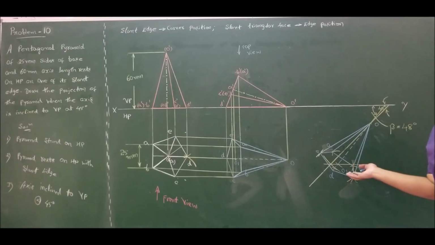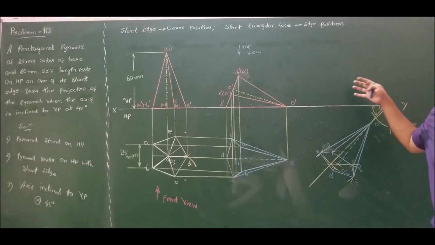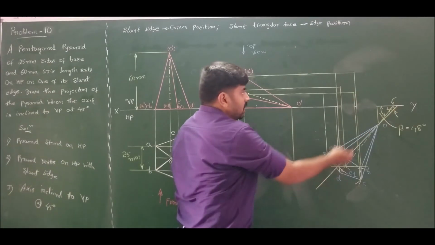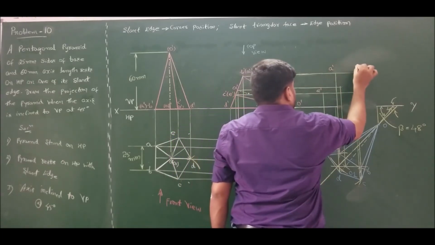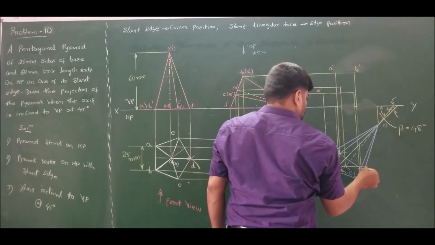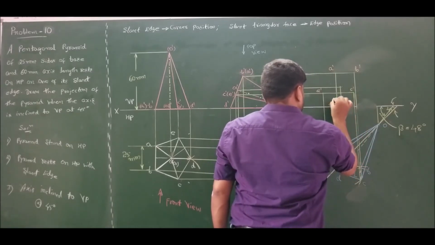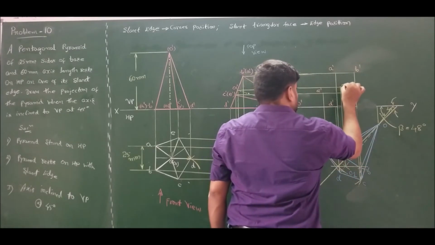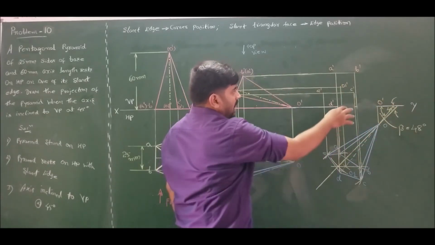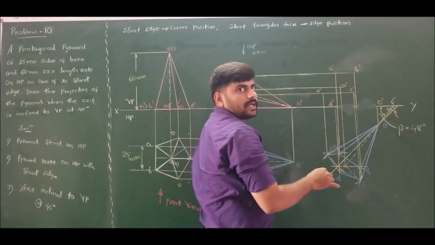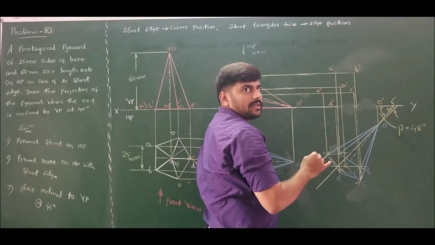Now take the projection vertically upwards and also from the horizontal. Now mark all the corners. I will get E prime, A prime, B prime, C prime and D prime. The axis is O1 prime and O prime. First, mark the boundary of this pyramid to avoid confusion when marking the invisible edges.